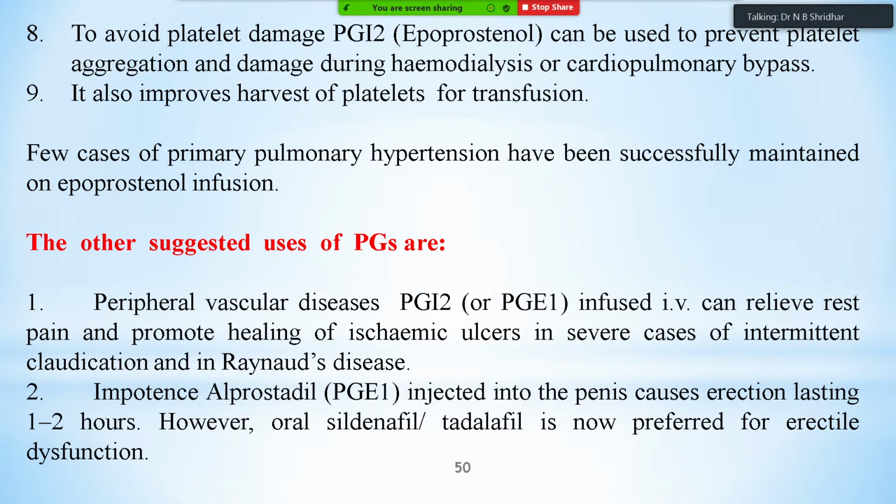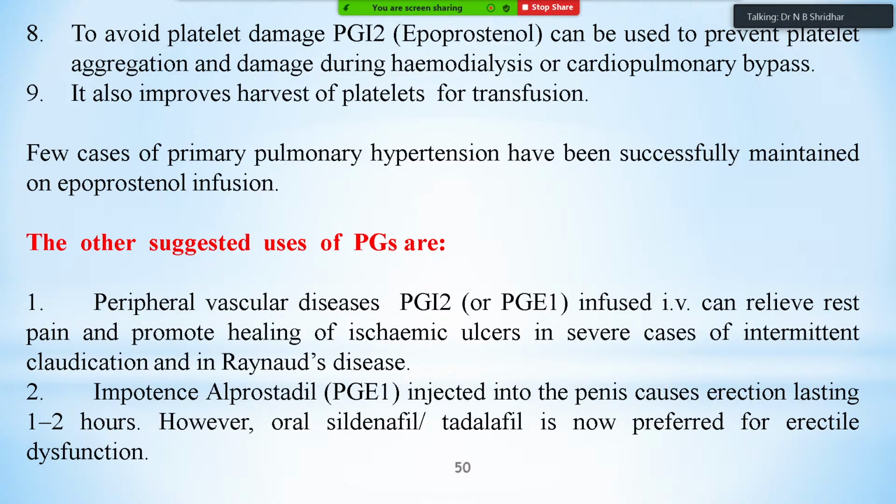And apart from this one, to avoid platelet damage, PGI2, epoprostenol, can be used to prevent platelet aggregation and damage during the hemodialysis or the cardiopulmonary bypass. So it also improves the harvest of platelets for the blood transfusion whenever the platelets are required, especially in certain disorders where there is a deficiency of the platelets.